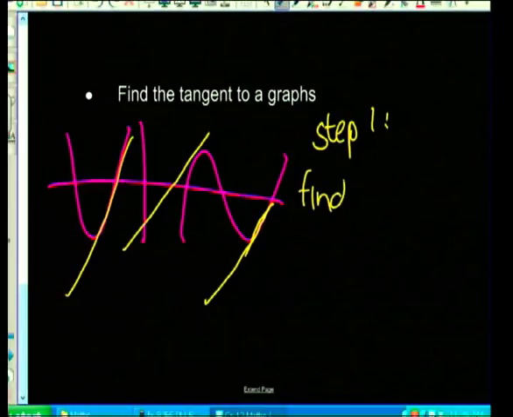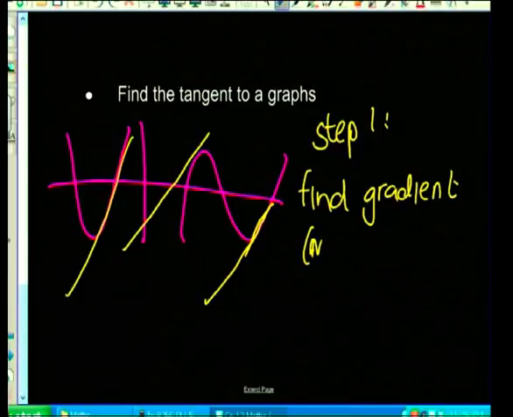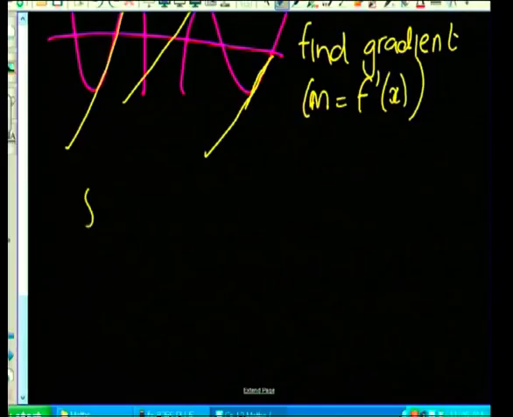I gave you 3 important steps. Step 1. What was that? Find the gradient, or m, which is also the derivative. Step 2 was finding your point of contact.